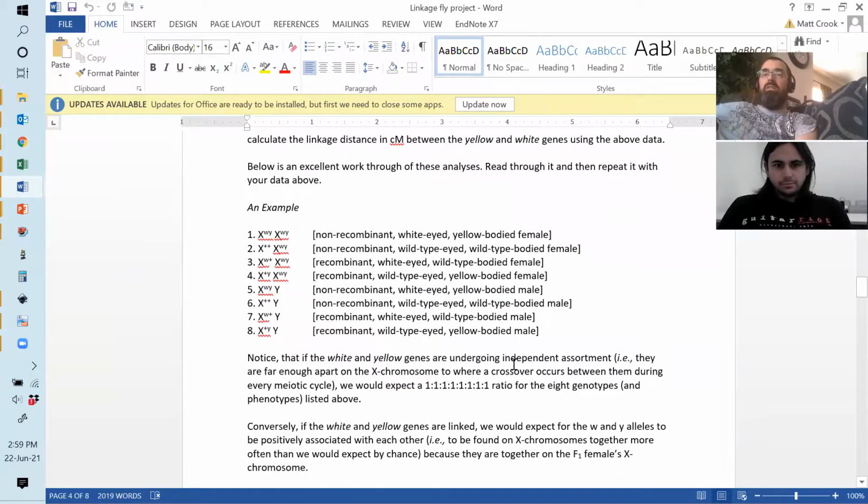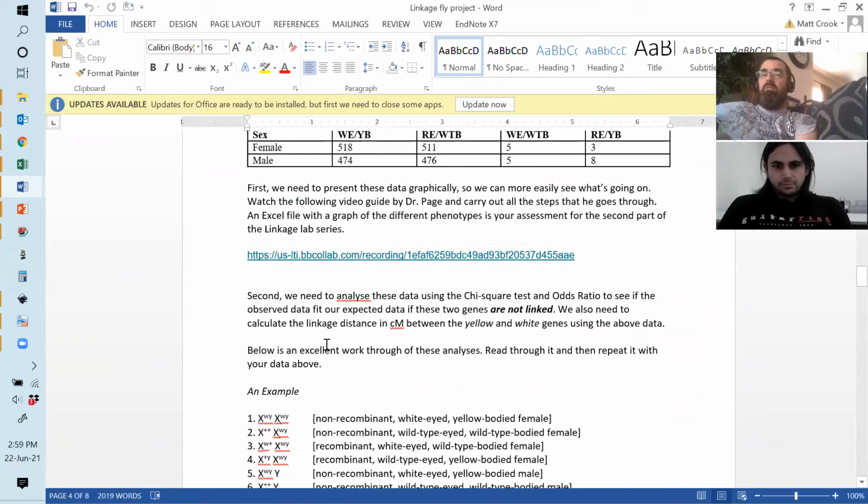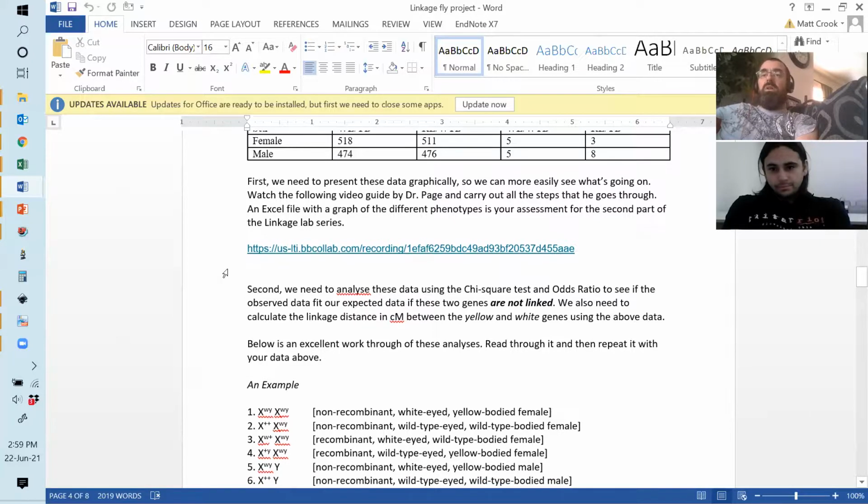We also have a really cool little video walking you through doing the graph. The graph is worth 100 points, so that's 1/8 of your lab grade. It's really not too hard, particularly if you just watch this and follow the instructions. But most of you, I'm sure, will be able to do it anyway, even without that help.